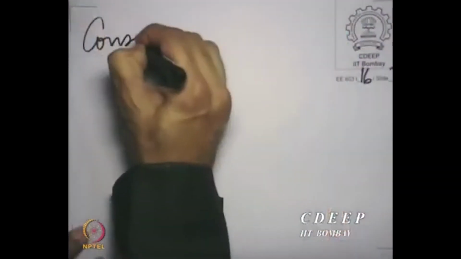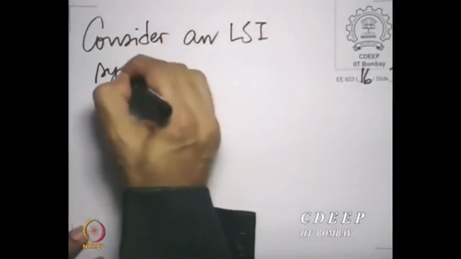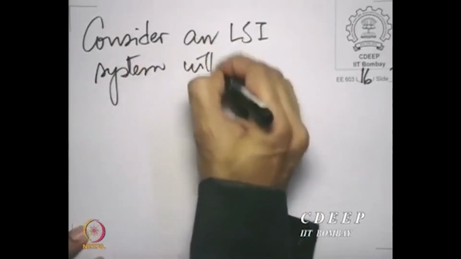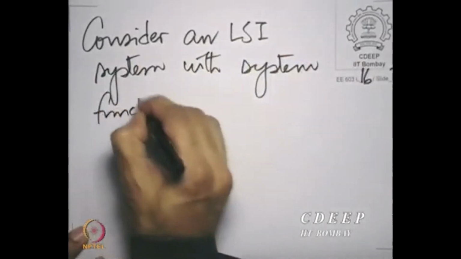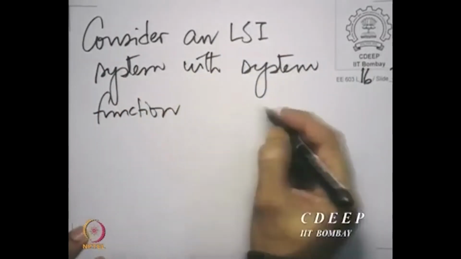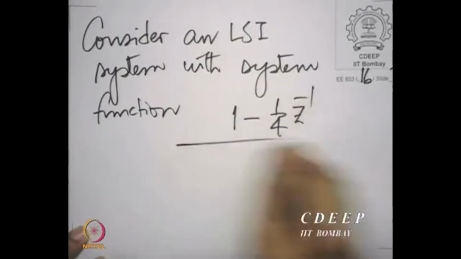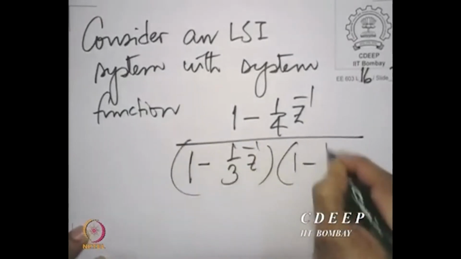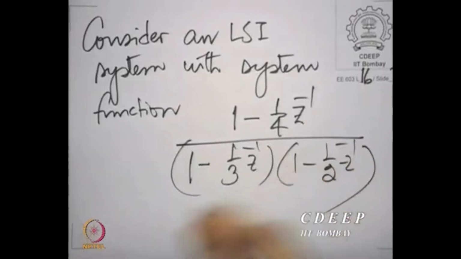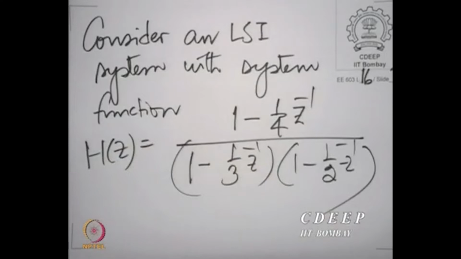Consider an LSI system with system function H(z) equal to (1 minus 1/4 z inverse) divided by (1 minus 1/3 z inverse)(1 minus 1/2 z inverse). This is capital H of z, essentially the z transform of the impulse response of that system.